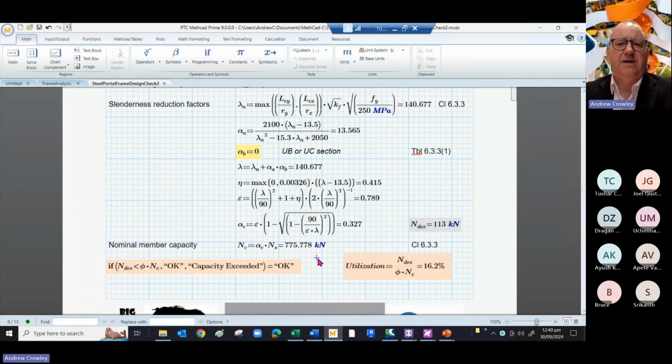And so our applied load in the rafter in axial compression isn't that great, so our utilization is only 16.2%.